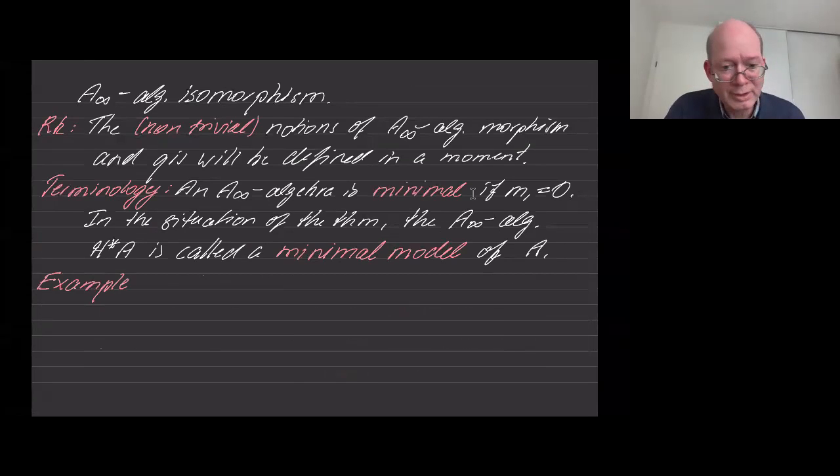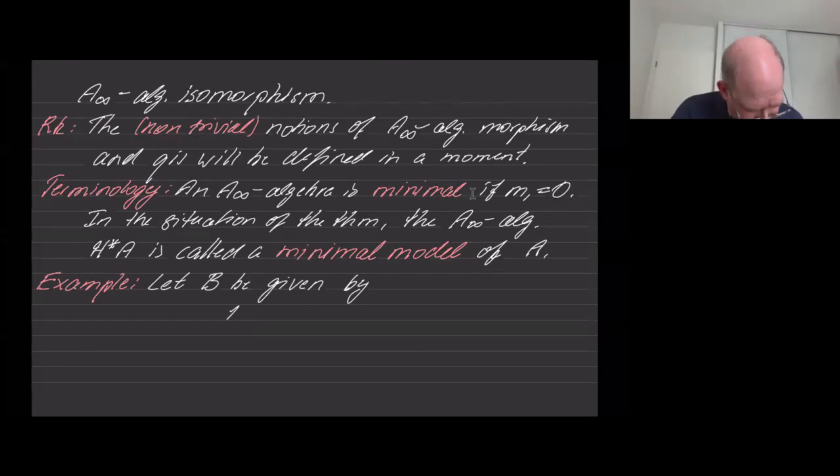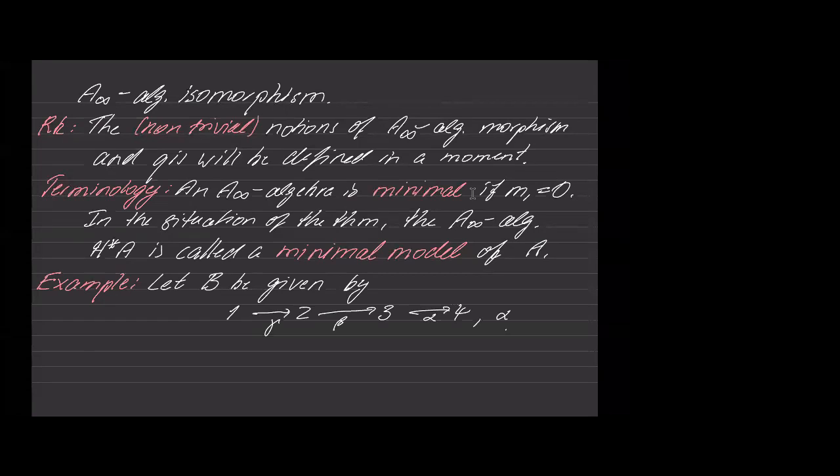Let's take an algebra B as in the motivating problem, given by the following quiver with relations. We have vertices, arrows alpha, beta, and gamma, and we impose the relation alpha beta gamma vanishes.